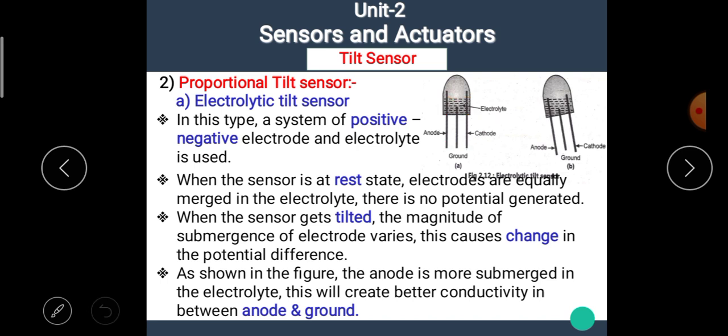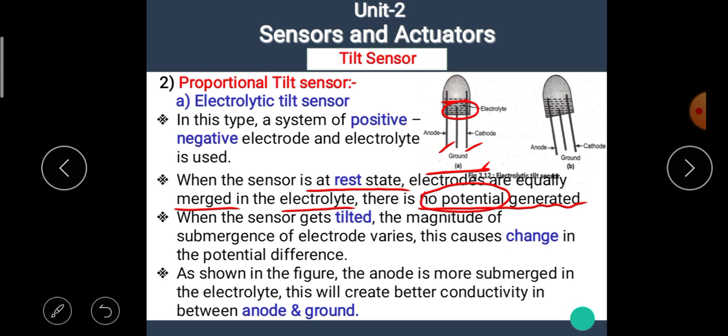Now, when the sensor is at rest, the electrodes are equally submerged in the electrolyte and there is no potential generated. That means when the sensor is at rest like this, the anode and cathode are equally submerged in this electrolyte, hence there is no potential developed between them.